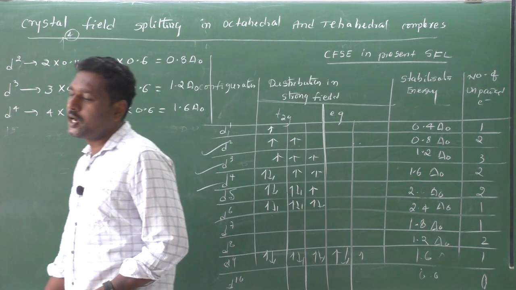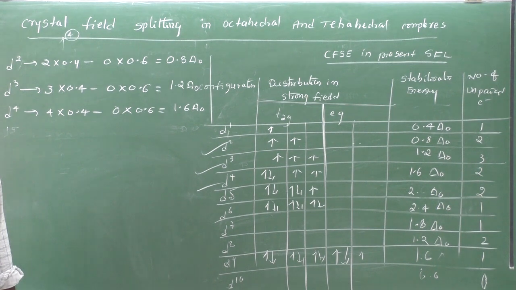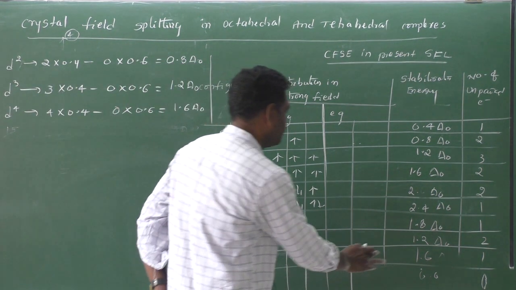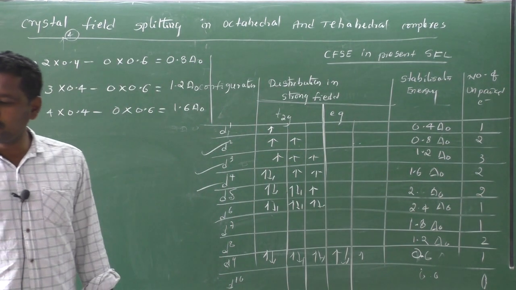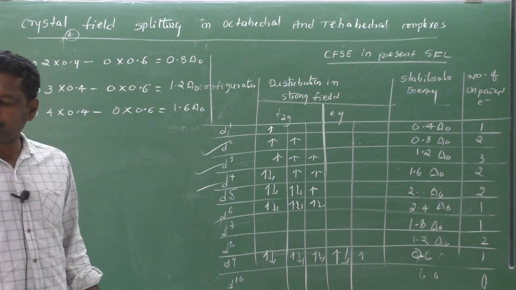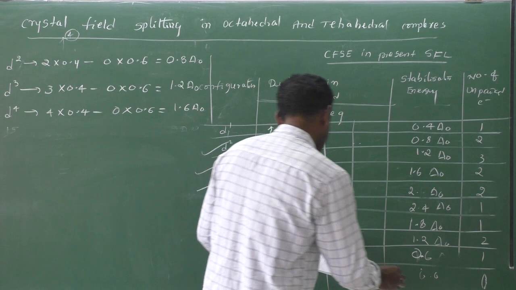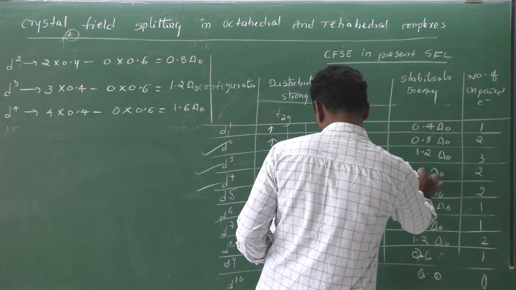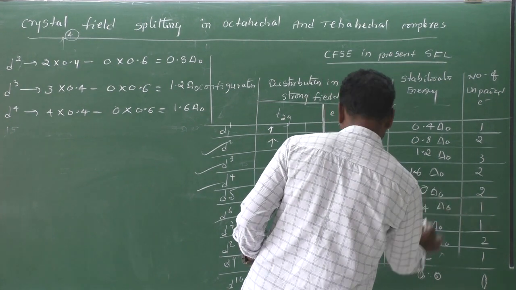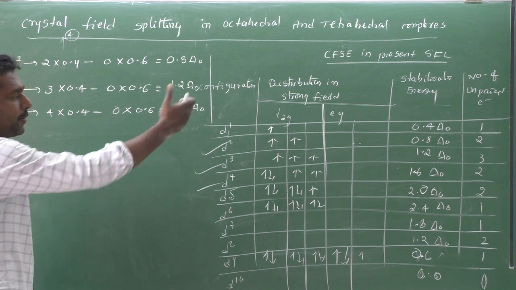For d4 and d9 here it is 0.6 for a strong field ligand. This is 0.6, 1.2, and this is 0.0, and after that 1.6 and 2.0 here. This is 1.8, the value we calculated here.